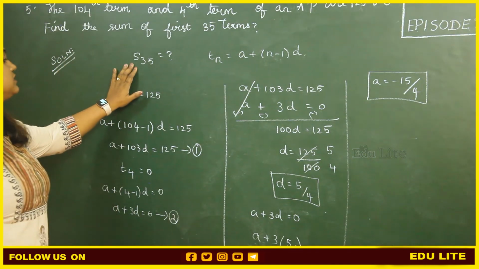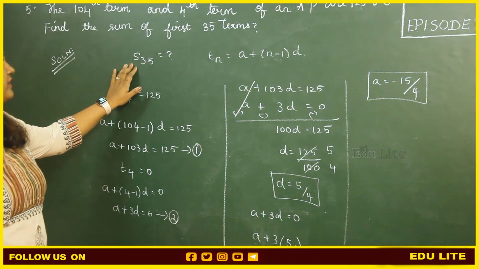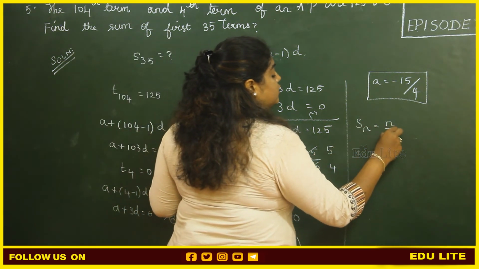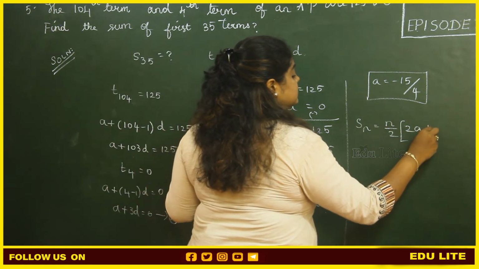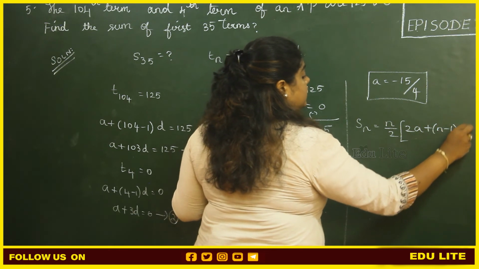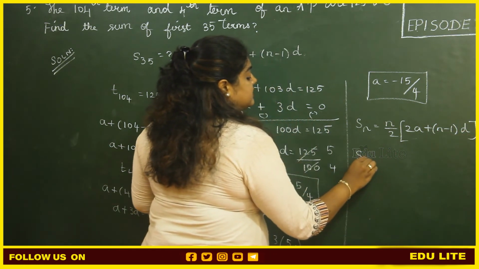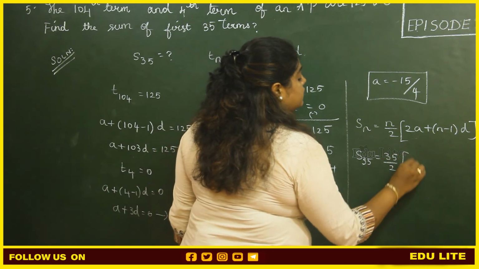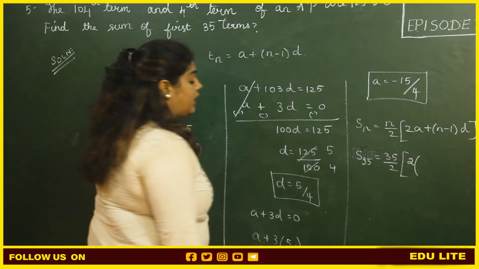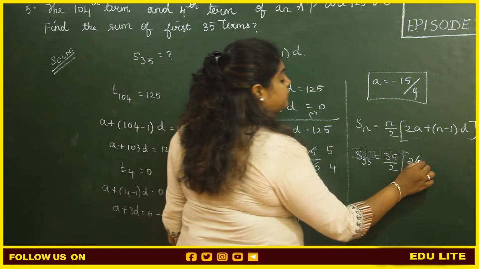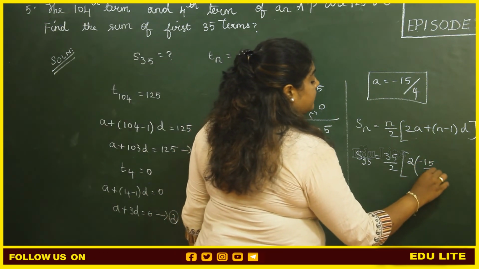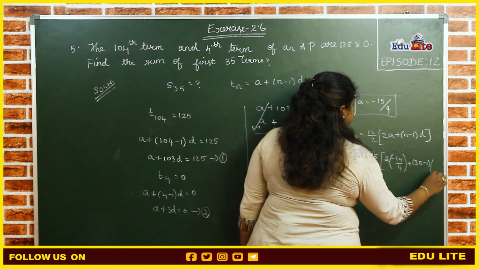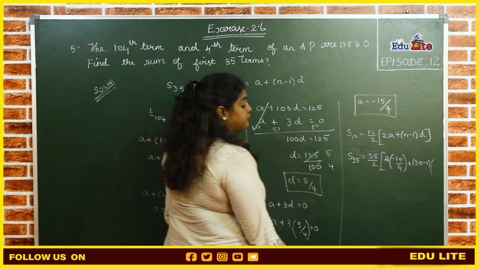Now we can use the formula and find out the value of S35. Sn is equal to n by 2 into 2A plus n minus 1 into D. Value of n is 35, therefore S35 is equal to 35 by 2 into A value, we got it as minus 15 by 4, plus 35 minus 1 into D value, we got it as 5 by 4.